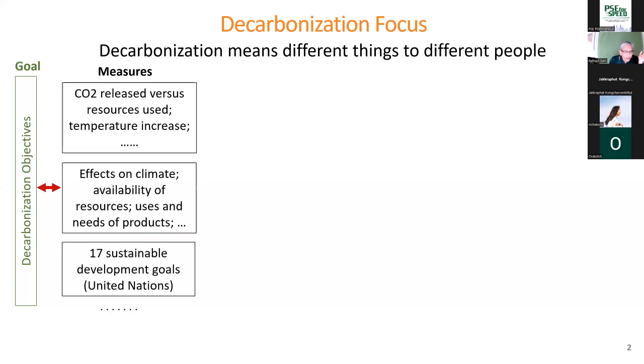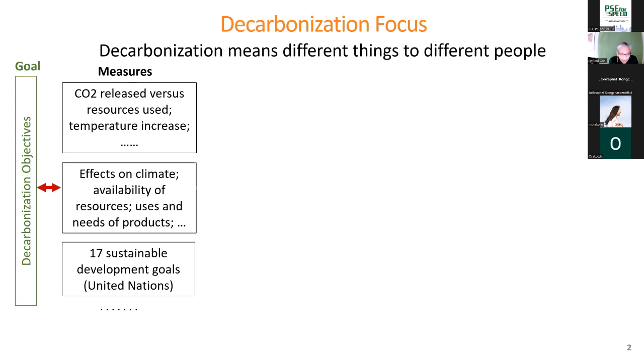So the goal for decarbonization can be measured in terms of CO2 released versus resources used. These are exact measurements, temperature increase, and things like that. Also, indirectly, one can measure the effects of decarbonization through effect on climate, availability of resources, uses and needs of products, and many more like this.